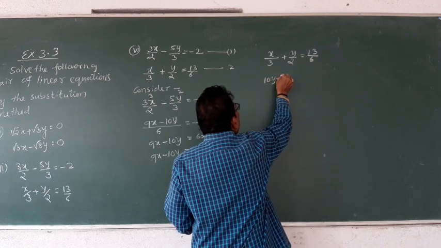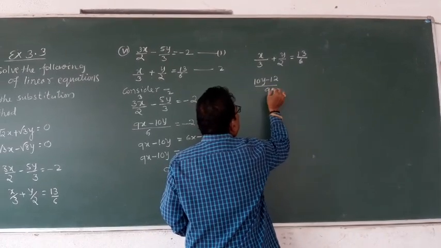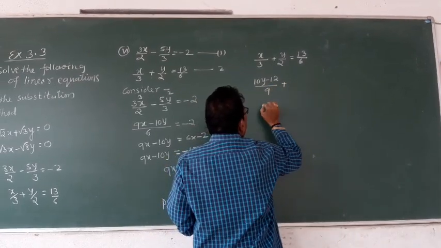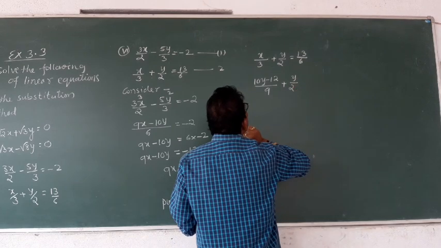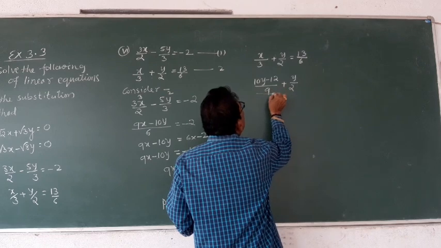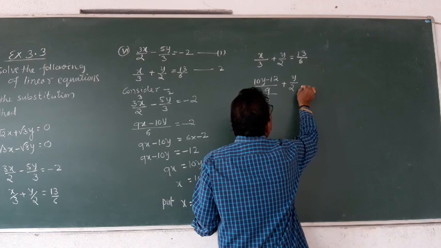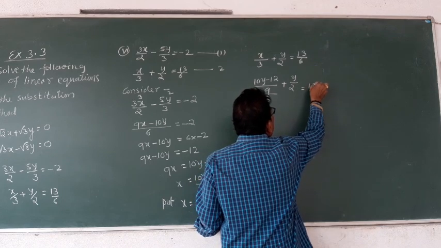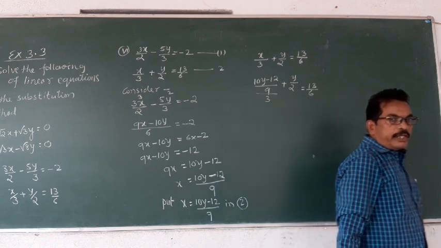10y minus 12 divided by 9, plus y by 2 equals to 13 by 6.